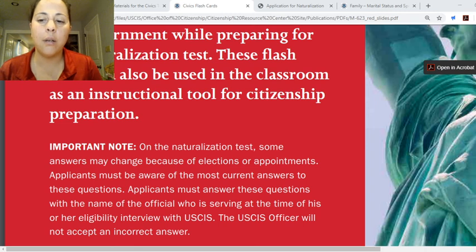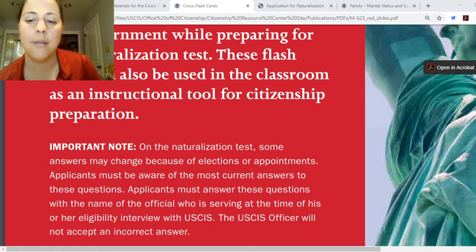Applicants must be aware, they must pay attention to the most current answers to these questions. Applicants must answer these questions with the name of the official who is serving at the time of his or her eligibility interview with USCIS.